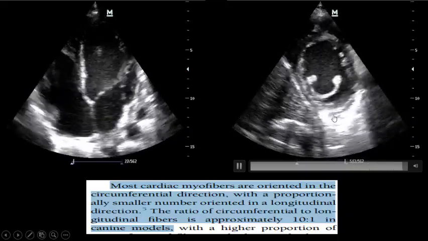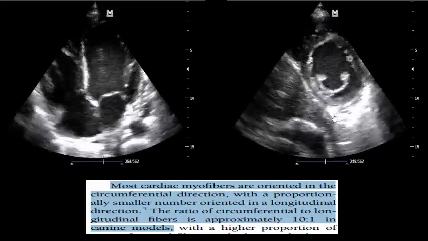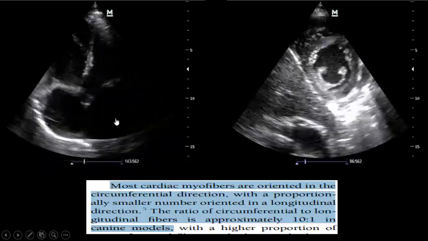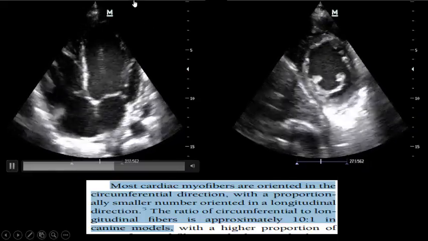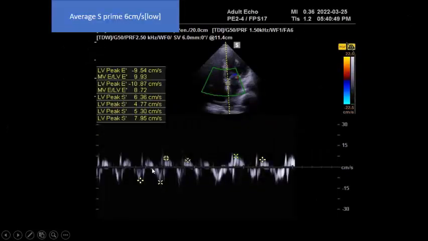But please, before excluding left ventricular dysfunction as a cause of acute dyspnea, you need to assess this longitudinal function of the left ventricle, the up and down movement of the left ventricle. We did it by tissue Doppler. We did tissue Doppler here at the septal mitral valve annulus and assessed the S prime, which is the surrogate of the longitudinal function of the left ventricle.